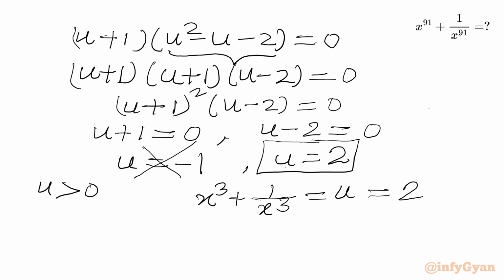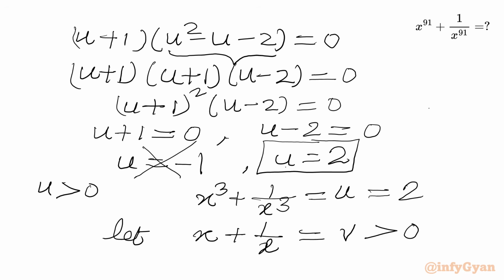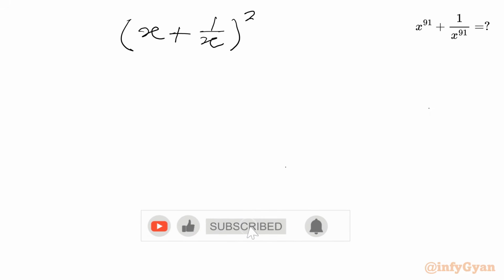Now we will assume x plus 1 over x, let's say this is v. x is positive, so v must also be positive. Now we'll be cubing once again, knowing that x cube plus 1 over x cube is 2. Let's cube both sides. So we will write x plus 1 over x whole cube equal to v cube.